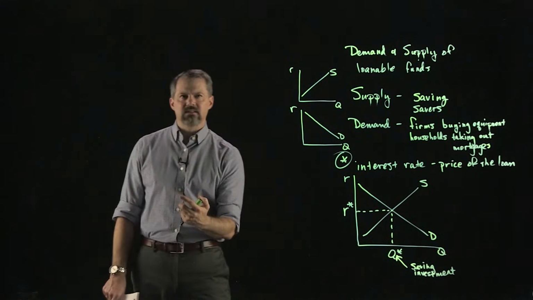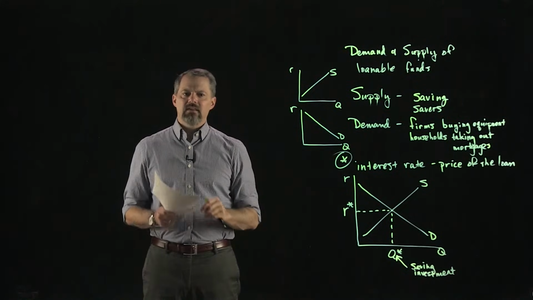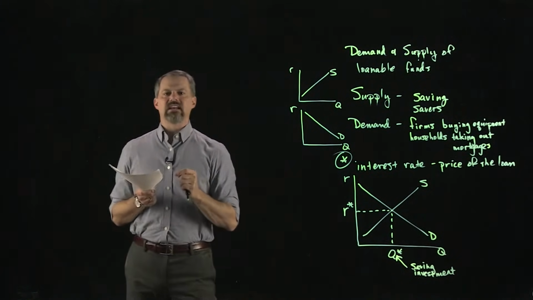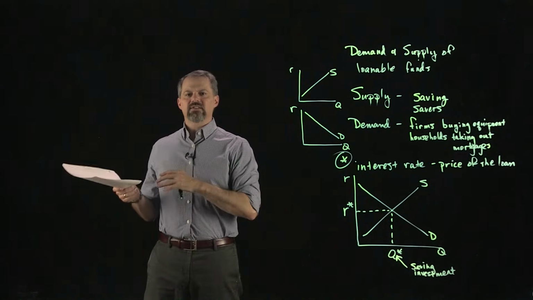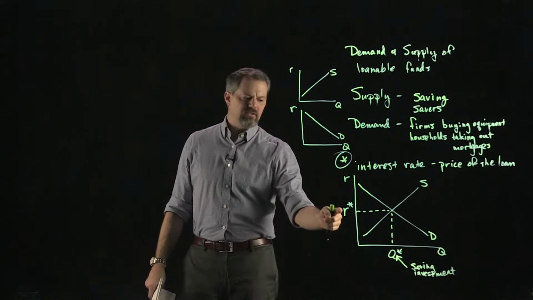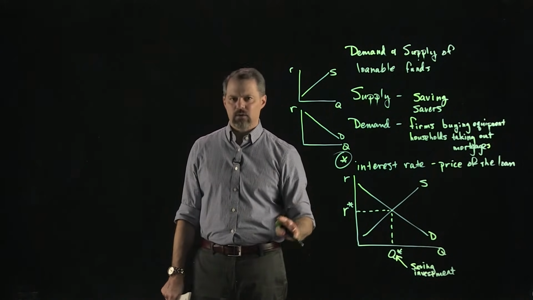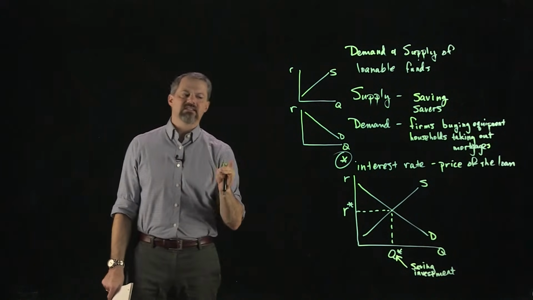What happens is that there's a demand and a supply of loanable funds, and then if the interest rate is something other than R star, that creates a set of incentives that people respond to. And their behavior in response to those incentives is what pushes the interest rate to R star. It doesn't go there because anybody cares about it going there. It goes there because the beauty of a market is that the market incentives push it there.